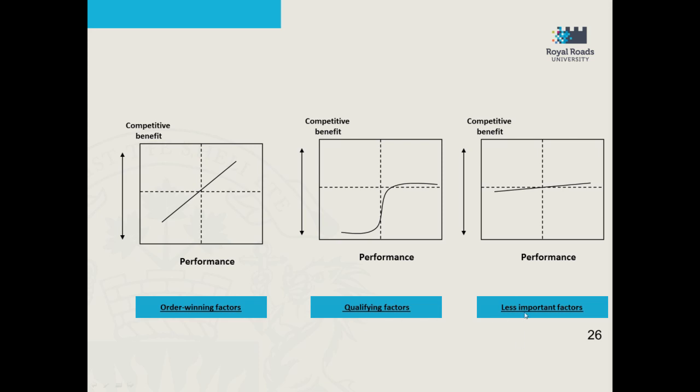Now, the less important factor, let's say the color of the packaging. Would you really care? Maybe, but that will be a less important factor. So from a customer point of view, there are specific requirements that are very, very important. You need to be clear about these requirements, which are the order winning factors, and there are requirements that can be described as qualifying factors, and they are factors that are less important.